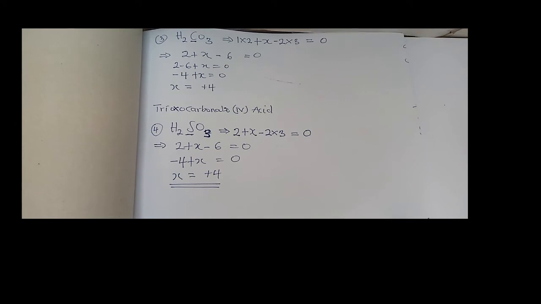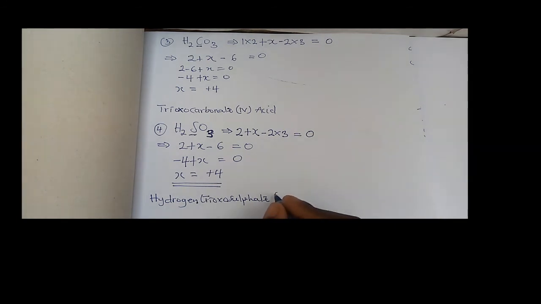So let's try to name this compound by saying it's hydrogen trioxosulfate. When we are naming it, we change the name of sulfur to sulfate. So hydrogen trioxosulfate(IV), and then you put a 4 here.